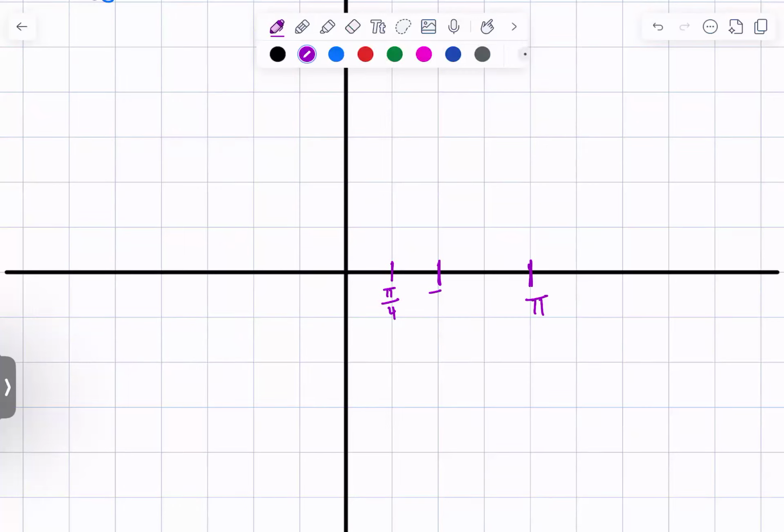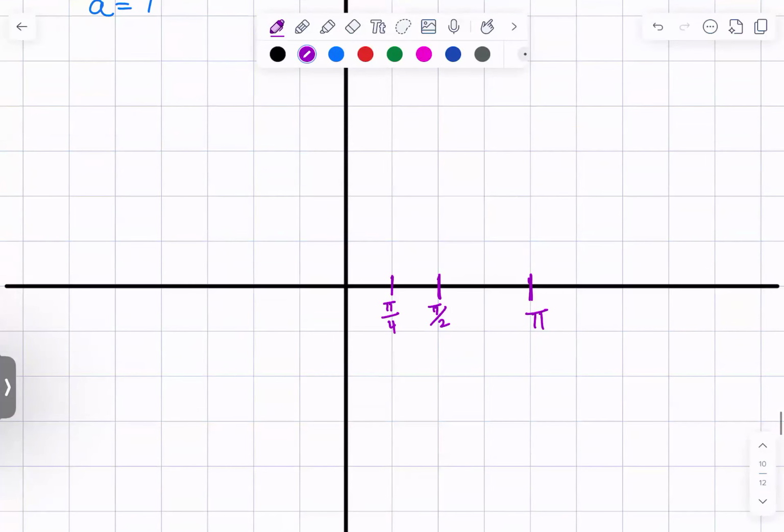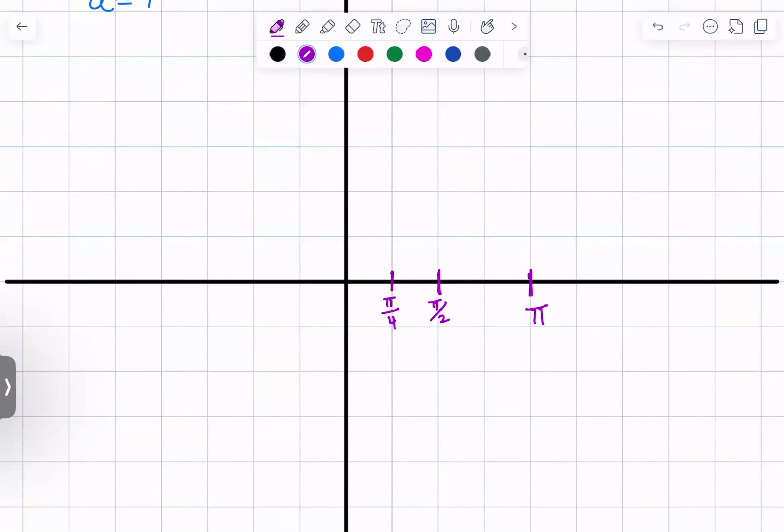So if 1 unit is pi over 4, this would be 2 pi over 4, which is pi over 2. This would be 3 pi over 4. And this would be 4 pi over 4, which is just pi.